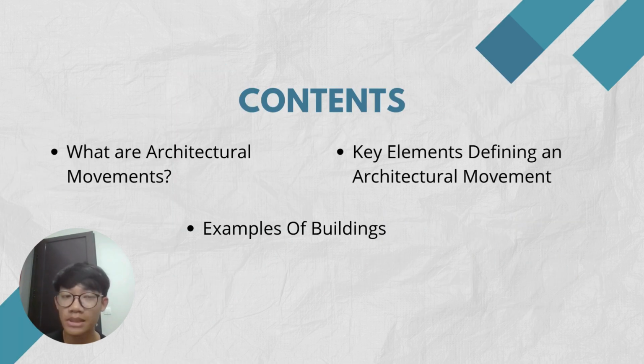For the contents, I will split up into three topics. First is what are architectural movements. Second is key elements of designing an architectural movement. And the last one and the third is examples of the buildings that use movement architecture as its concept.